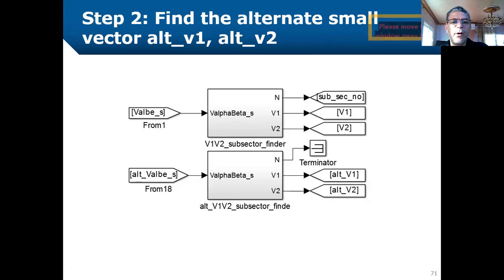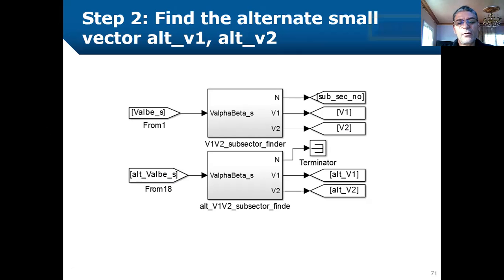So for V alpha beta small, we get the native subsector number, and we get V1 and V2. For the alternative V alpha beta, recall that we have two parallel paths, the native subhexa and subsector, and the alternative subhexa and also the subsector.